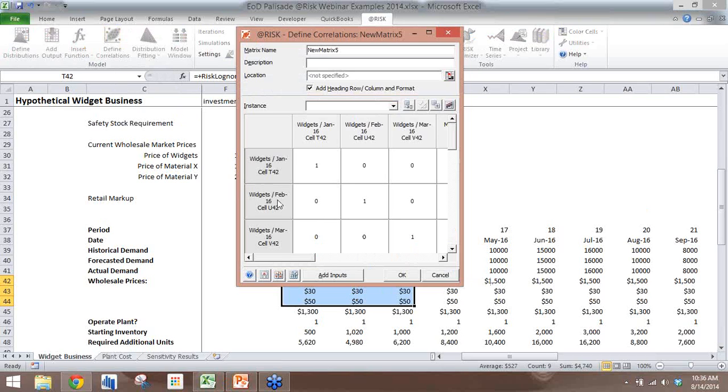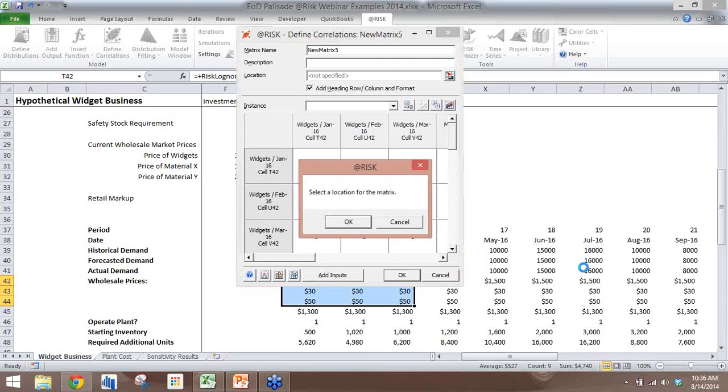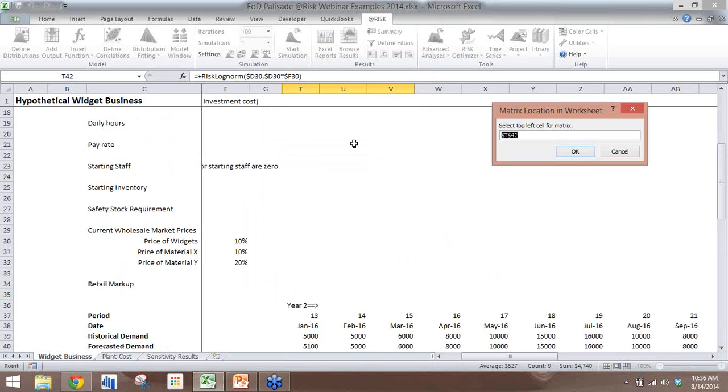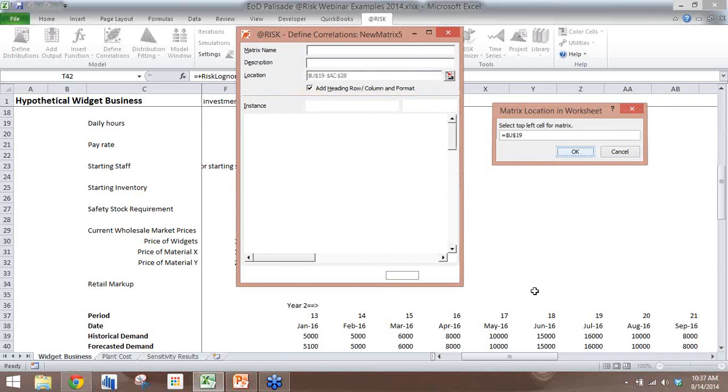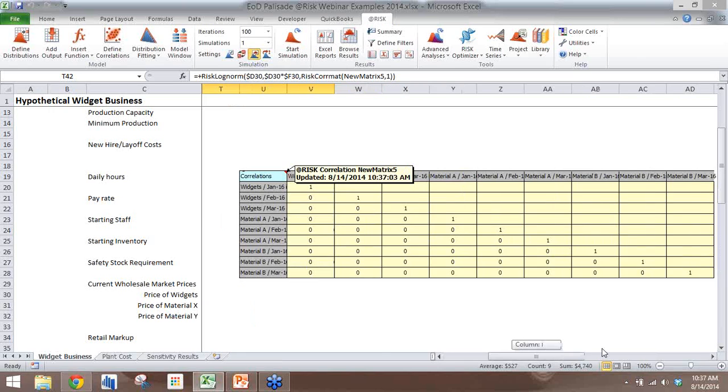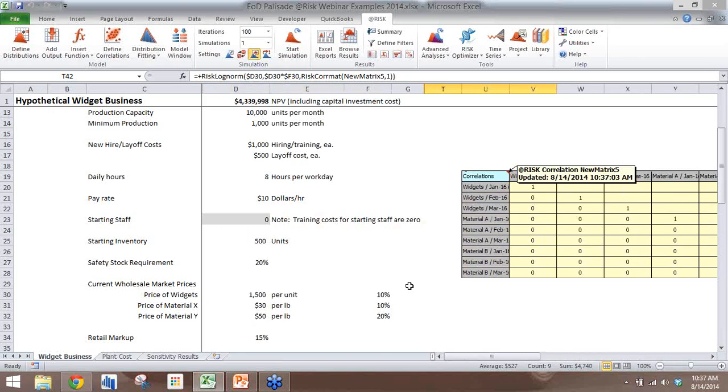As you can see here, it created a matrix of those cells. I'm going to select OK. It's going to ask me for a location for the matrix, and I'll just put it right there. And as you can see, it's now added this correlation matrix.